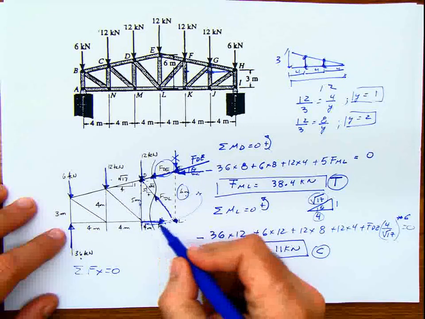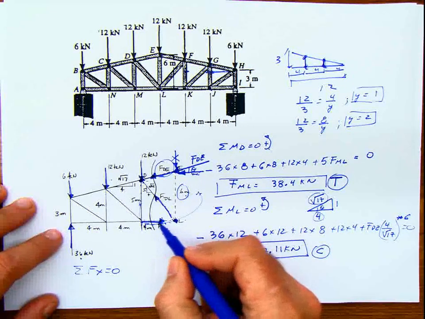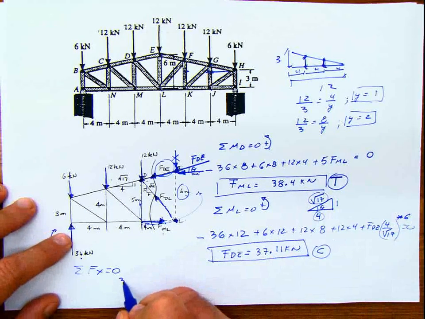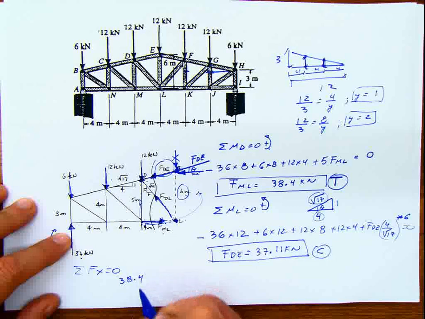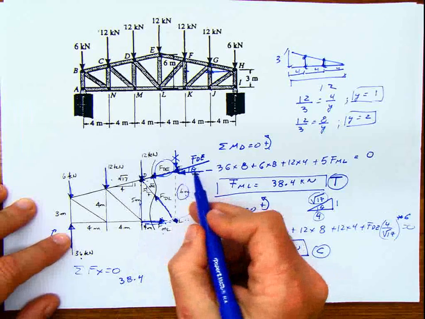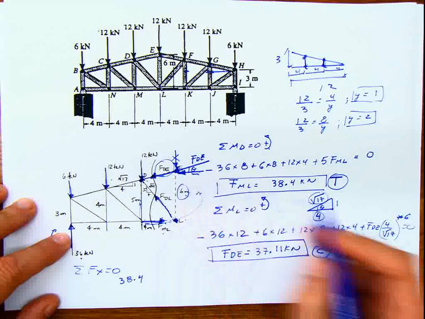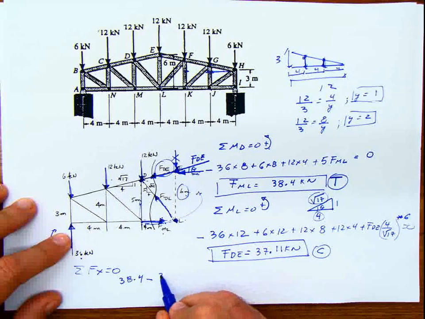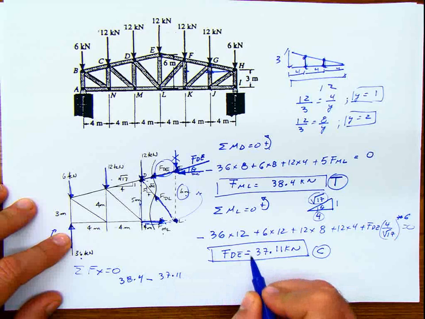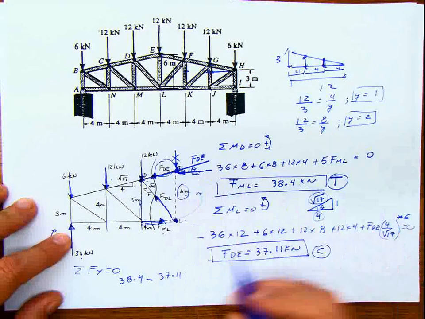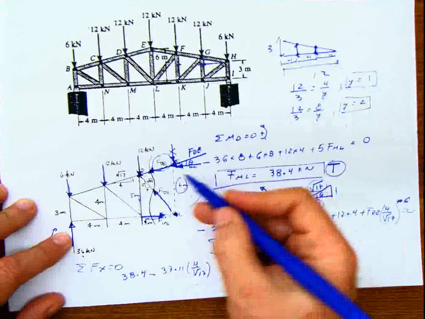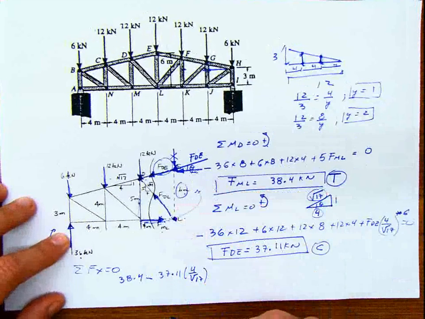So in X, I'm going to have this force ML, which I already calculated before, 38.4 positive. This force is going to the left, and that force is going to be negative 37.11, which is the value of DE, multiplied by 4 divided by the square root of 17. That's the horizontal component of this force.